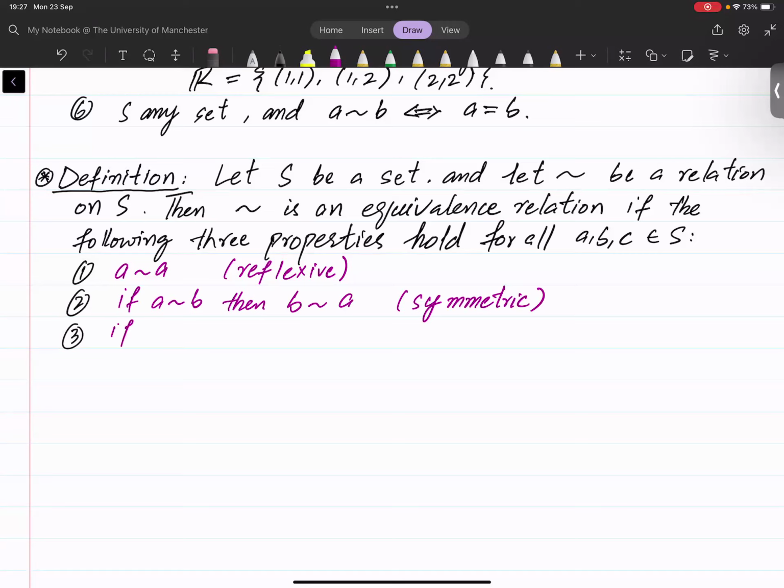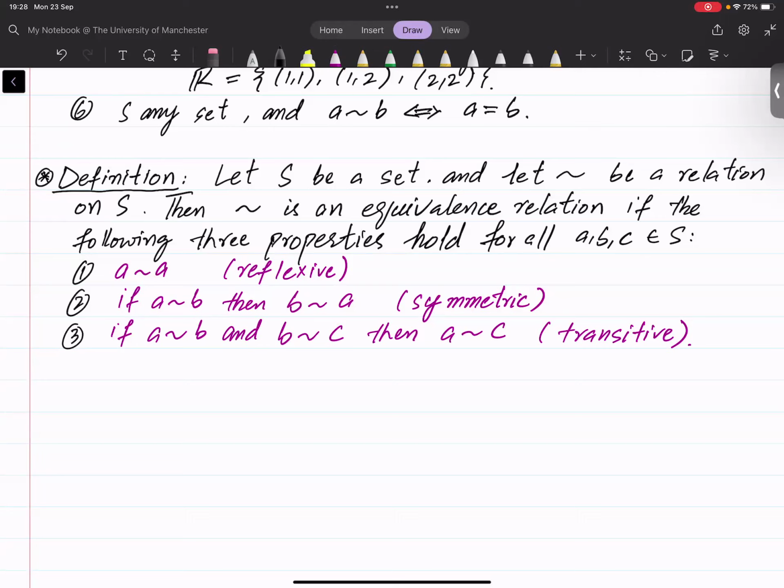Then we have: if A is related to B and B is related to C, then A is related to C, and this is transitive.